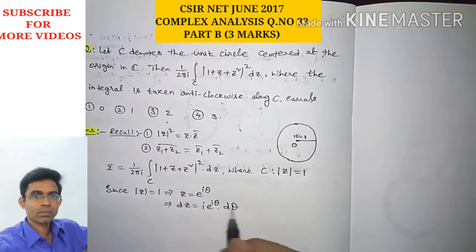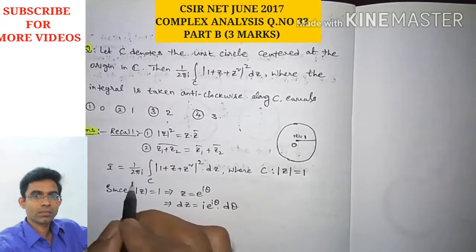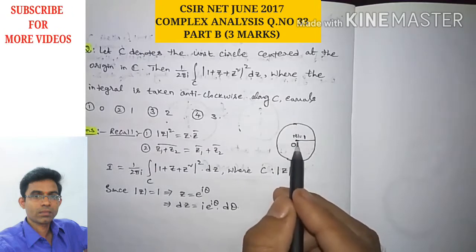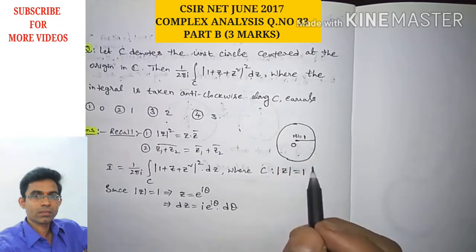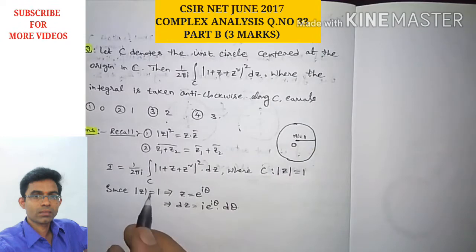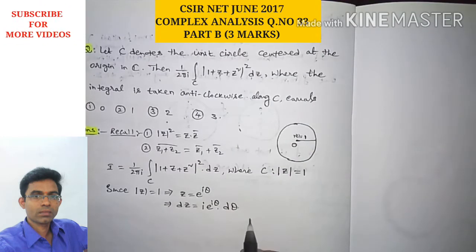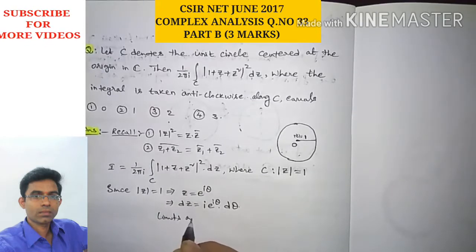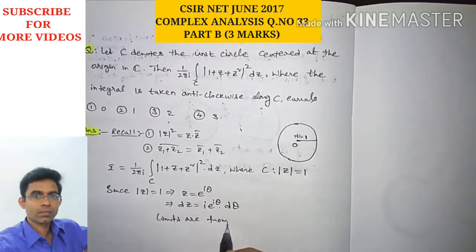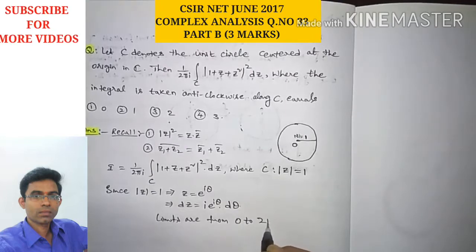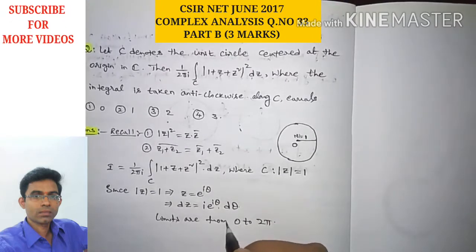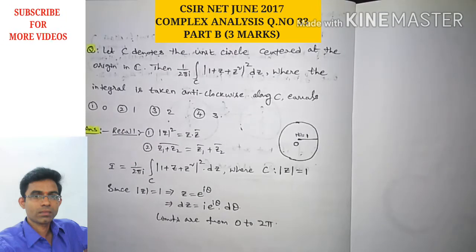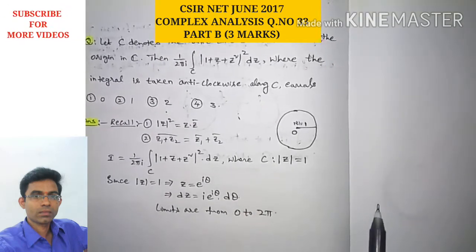Because C represents a circle, the angle values are 0 to 2 pi, so the limits are from 0 to 2 pi.